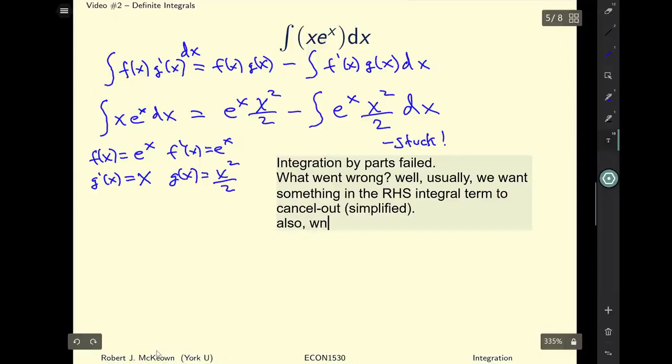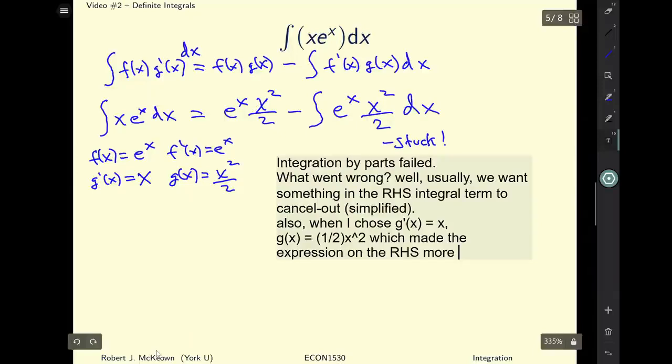Also, when I chose g prime of x equal to x, g of x was equal to x squared over 2, and that kind of made things more complicated. It made the expression on the right-hand side more complicated, a higher order term.